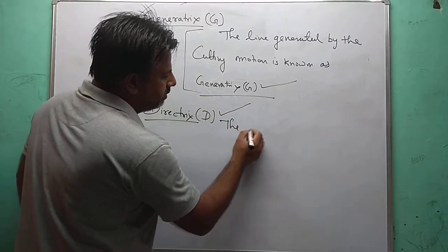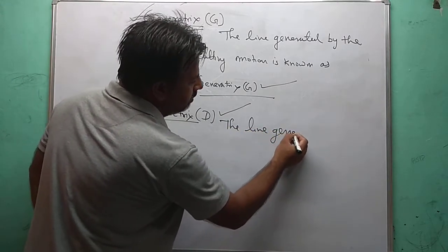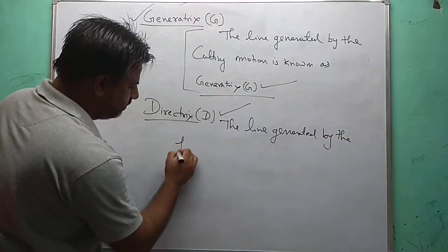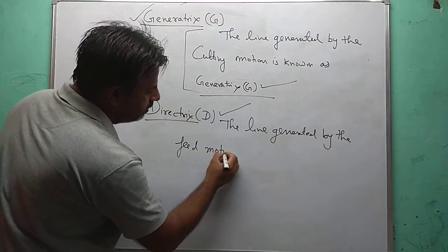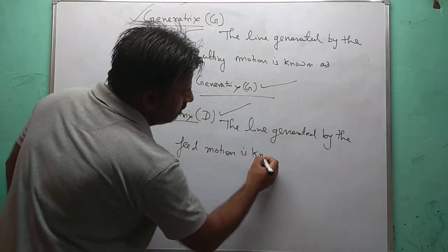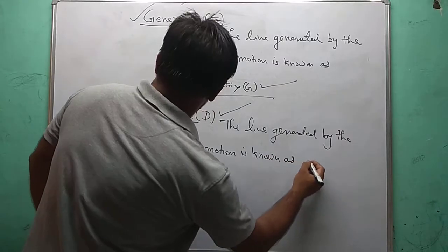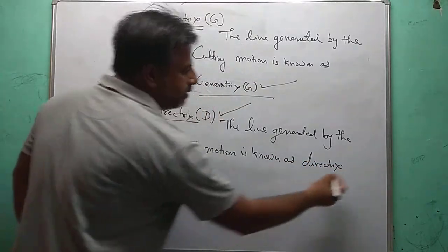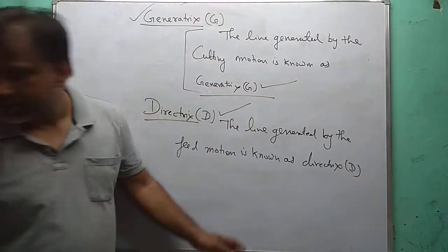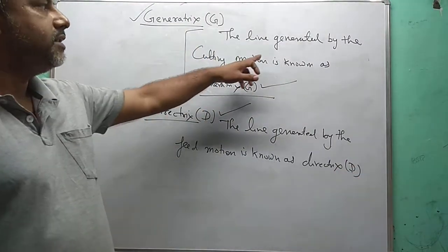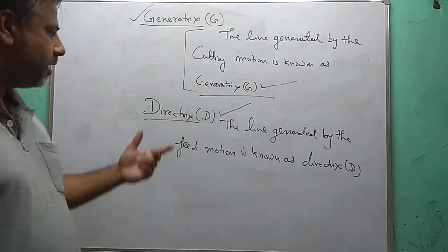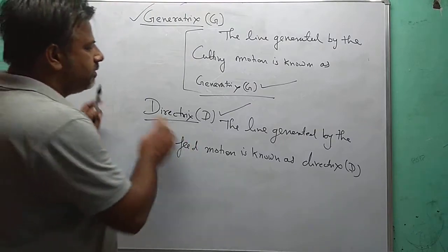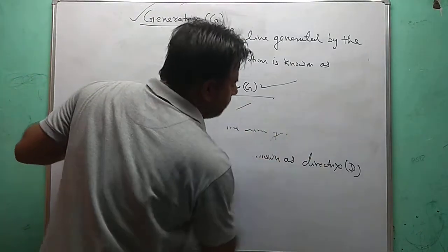The line generated by the feed motion is known as directrix, and it is denoted by D. So the line generated by the cutting motion is the generatrix, and the line generated by the feed motion is known as the directrix. Now see the example.